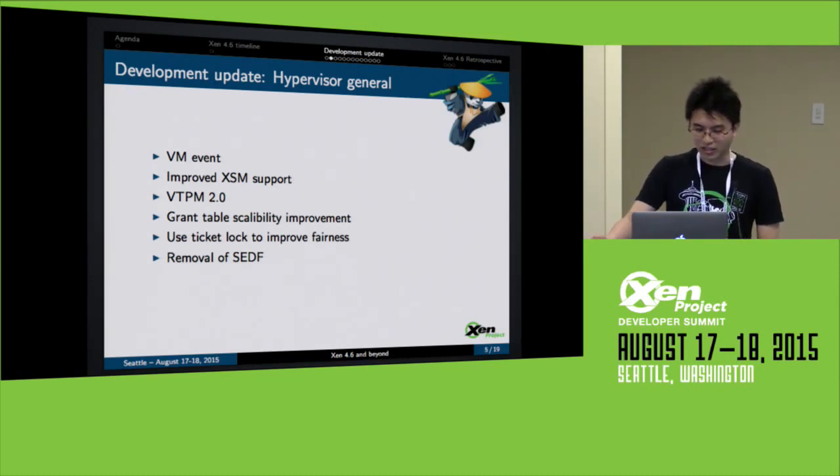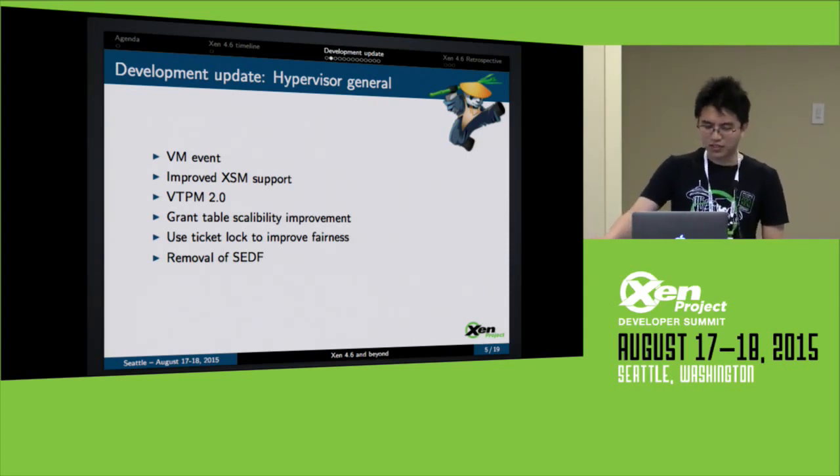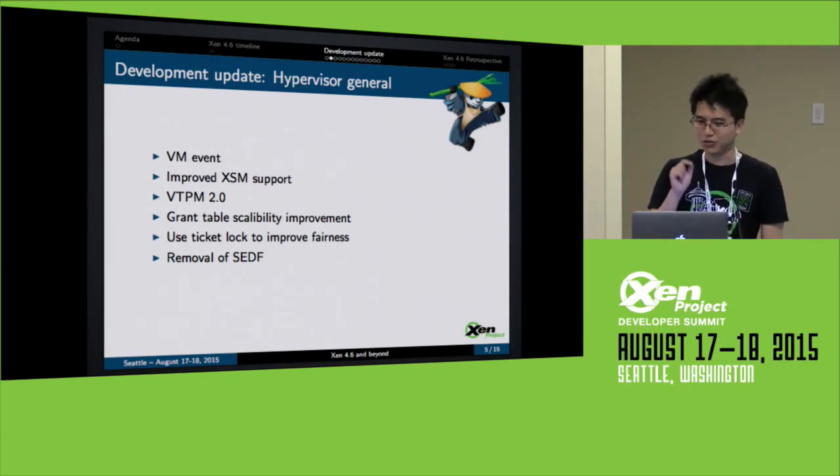The other thing, from the XenServer team, is the grant table scalability improvement, which is done by David Vrabel, if I'm not mistaken. With this improvement, we are now able to get like a 200% improvement in inter-host VM network throughput, which is quite great.